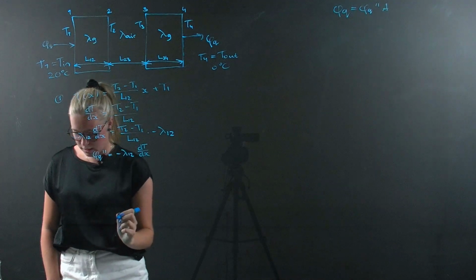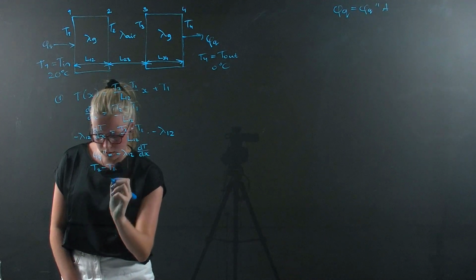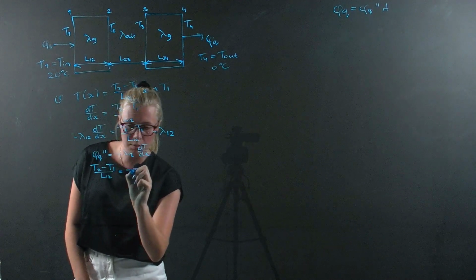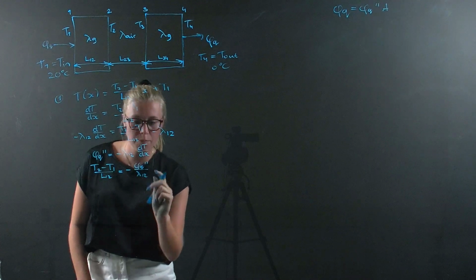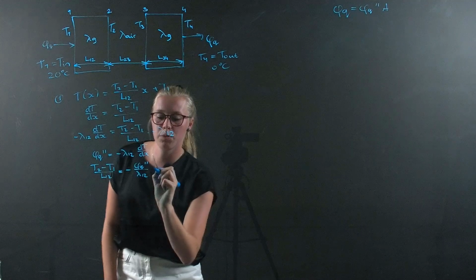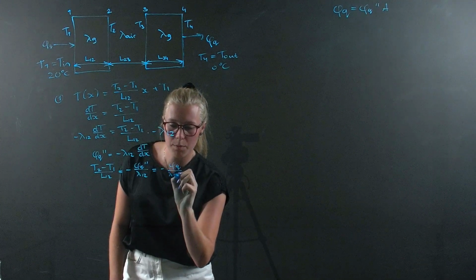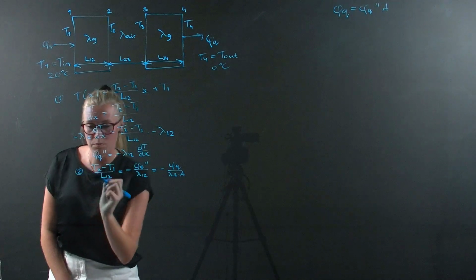To find that (T2 minus T1) over L12 is equal to minus the heat flux over lambda 12, and we apply the following rule to find that it is minus the rate of heat loss over lambda 12 times A, and we call this equation 2.